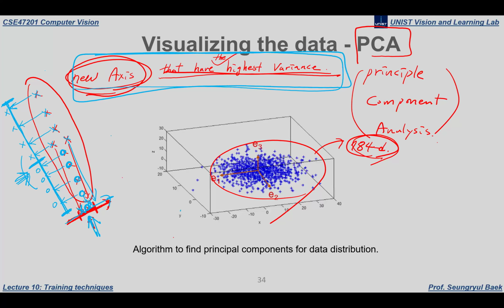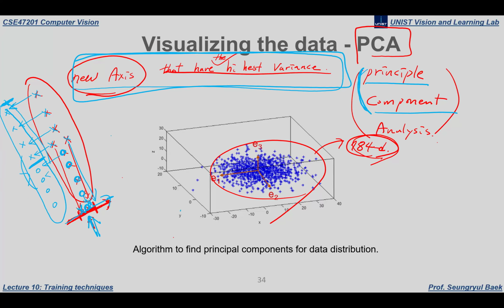So in PCA, they call the new axis that has the largest variance the principal component. Principal component means they want to secure the axis that has the largest variance like this. So here, when seen from this axis, the data distribution has high variance.